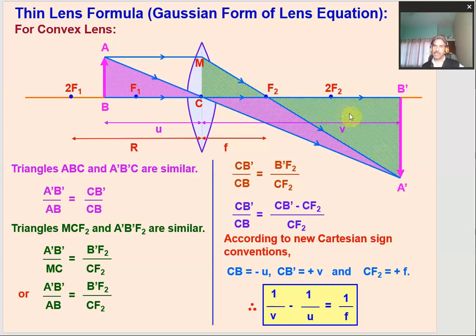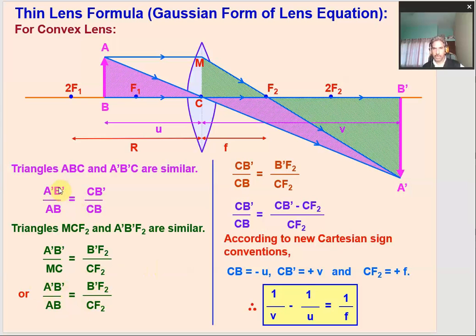So A dash B dash upon MC is equal to B dash F2 divided by CF2. Here MC is nothing but AB, so in place of MC we just write AB, with no other change. This is the second equation we get from the second pair of triangles.